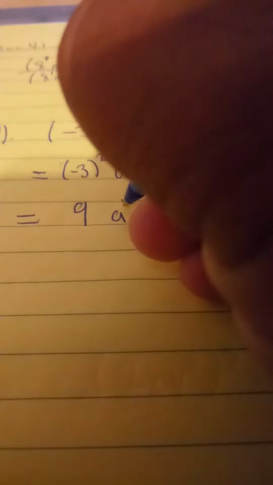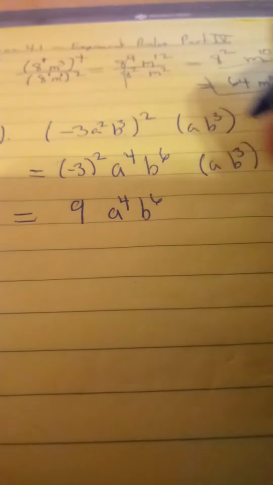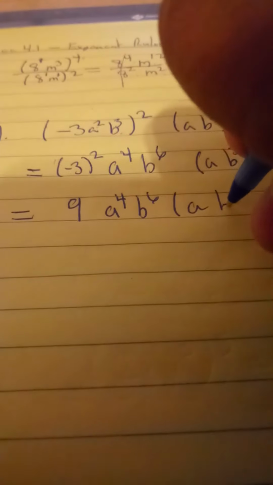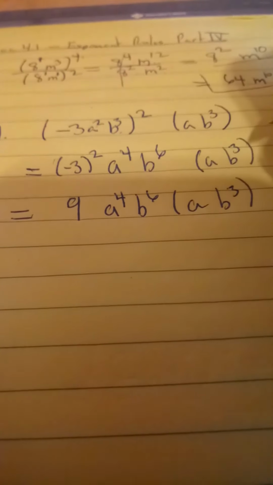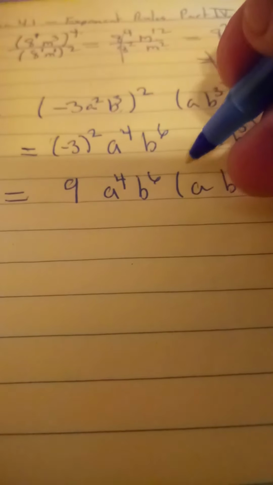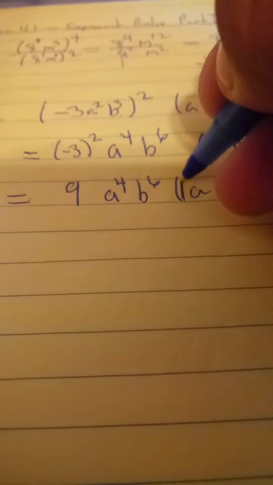So it's 9a to the 4th, b to the 6th, parentheses, a, and b to the 3rd. If it throws you off because it doesn't have a number there, we could go ahead and put a 1 there. So we just multiply the numeric bases. 9 times 1 is 9.